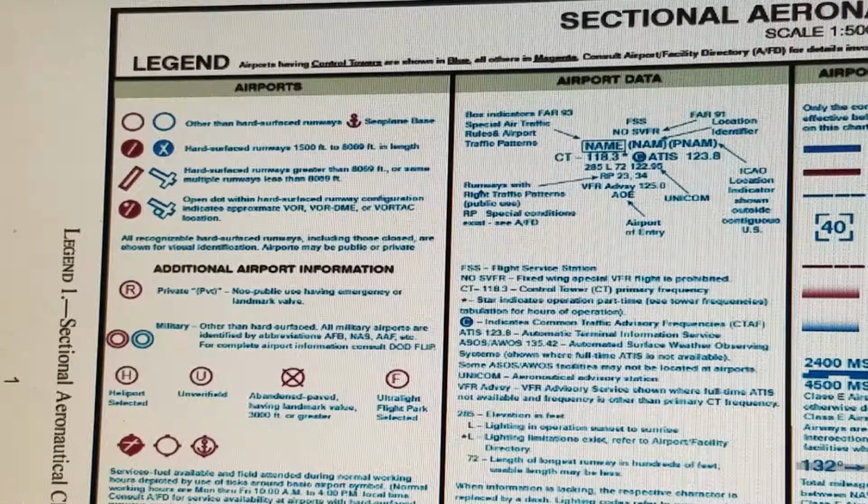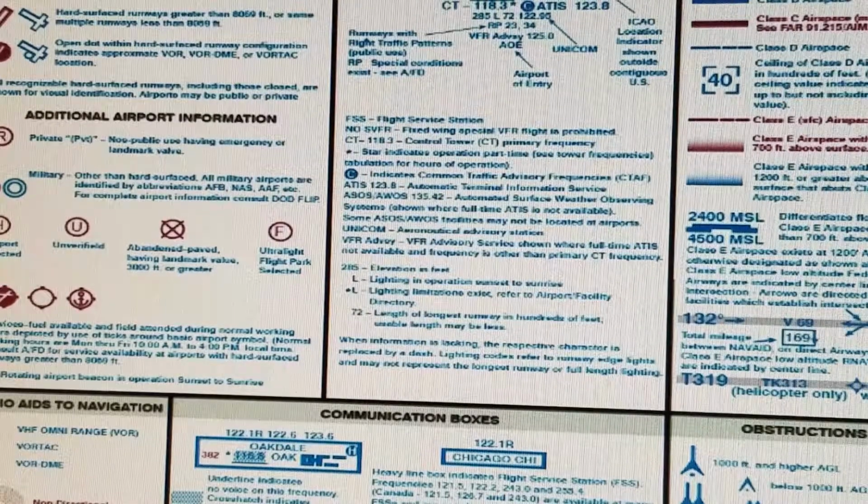Those are important things to remember, and you will need to know them when you do your charts or maps. It will come to your attention over and over again.